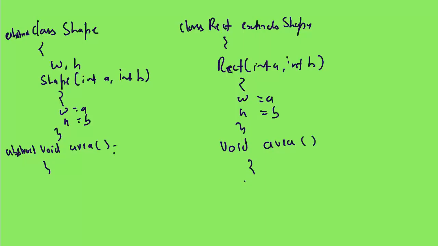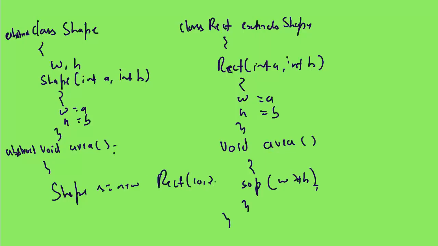I know the implementation here. Implementation would be W into H. So now whenever I need an object, same as the previous session, Shape S equals new Rectangle of 10, 20, whatever the values might be, S dot area. The area method will be invoked from this particular class.